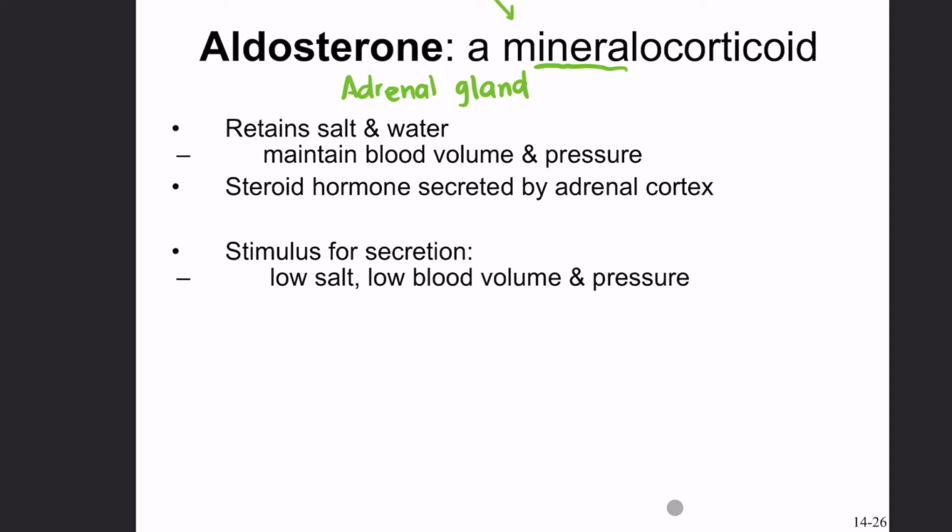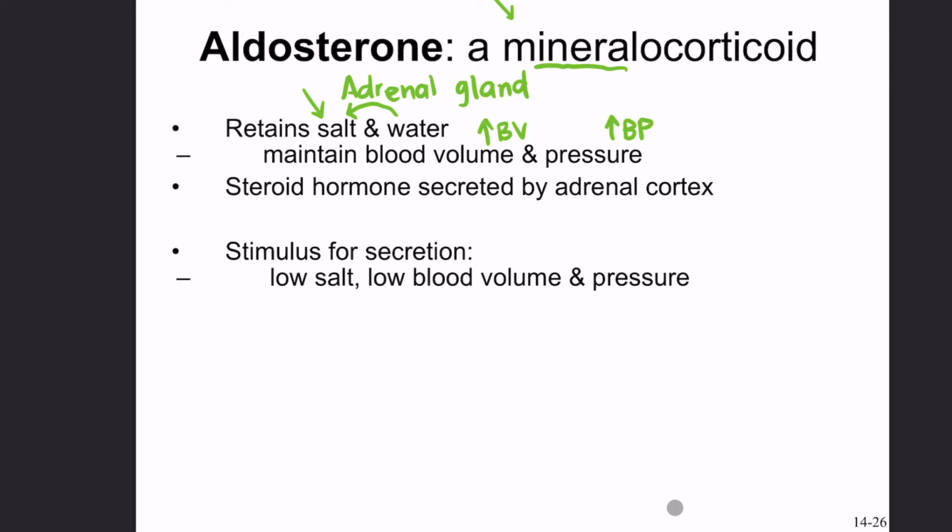It does this by retaining salt. It makes your body retain salt. And in effect, if you retain salt just based off of osmosis, you'll retain more water. And so in that way, it'll keep your blood volume high. It'll keep your blood pressure high.